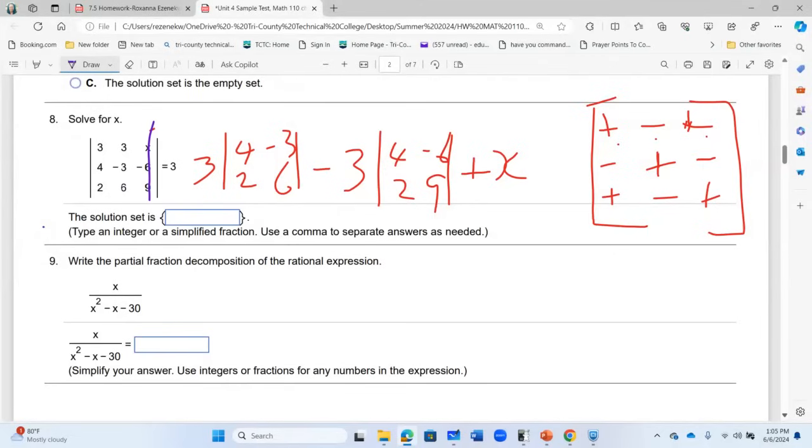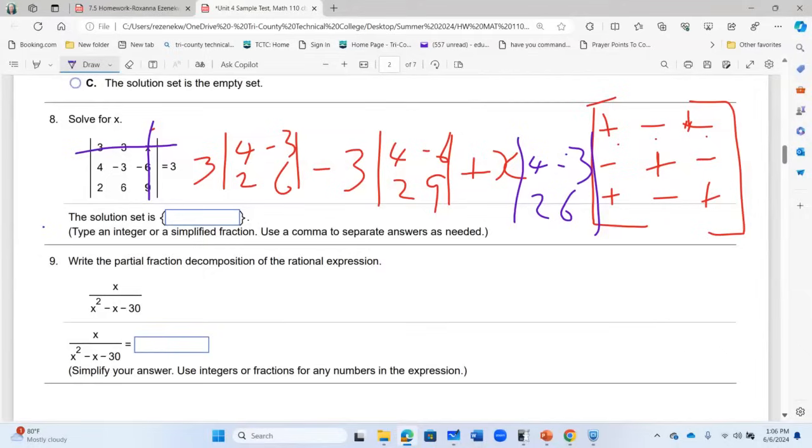And so I have the matrix of that minus, which is going to be 4, negative 3, negative 3, and the next one is 2, 6.